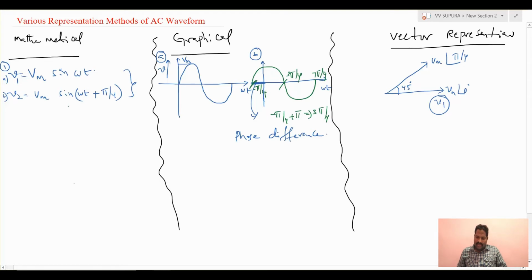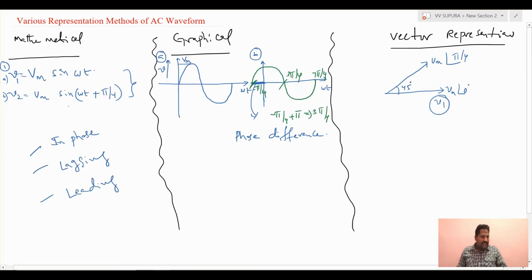At this point I would like to tell one point. There are three terminologies we will come across in future: in phase, lagging, and leading.